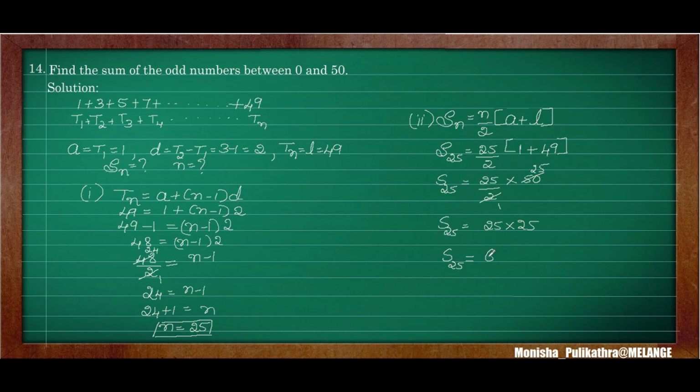So the sum of all the odd numbers from 0 to 50 is 625.